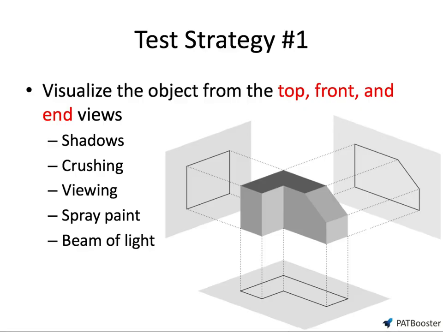We can do this because there are only 3 possible ways an object can enter the hole. It can't be diagonal, for instance. It has to be from top, bottom, front, back, or left, right sides.